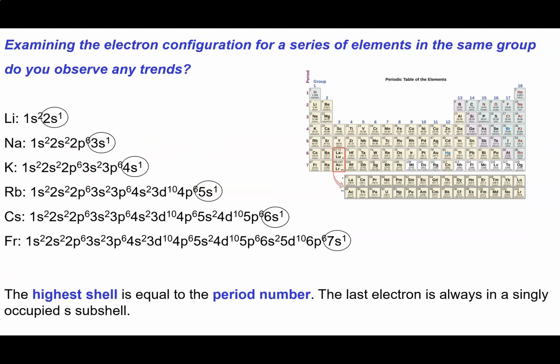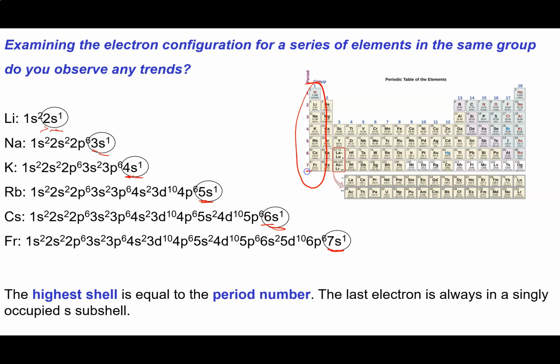So if I look at a series of elements that are in the same group, and in this case I'm looking at group 1A, is there anything that I notice about their electron configuration? Well, when I look down here, what I see is that all of these elements have an electron configuration that ends with 1 electron in an s subshell. The other thing that I notice is that the highest shell that I observe is equal to the period where I find that electron.